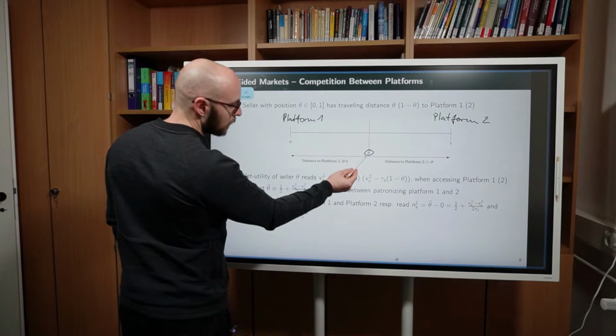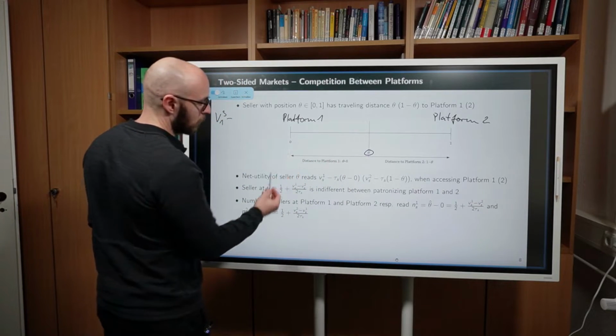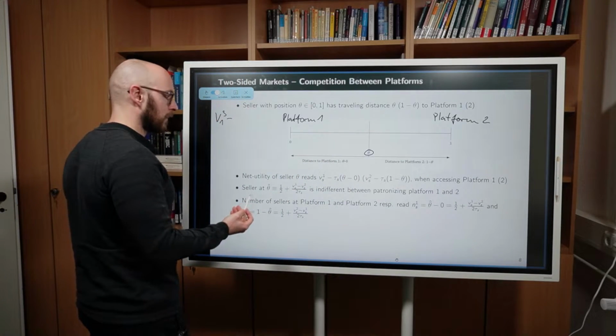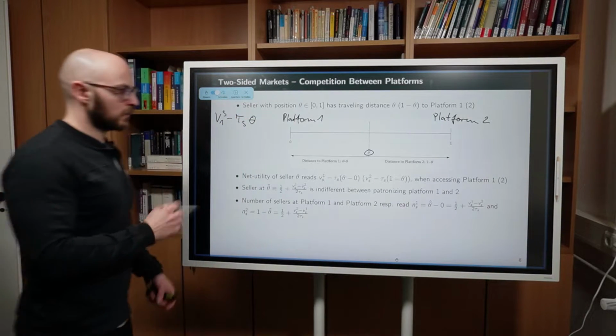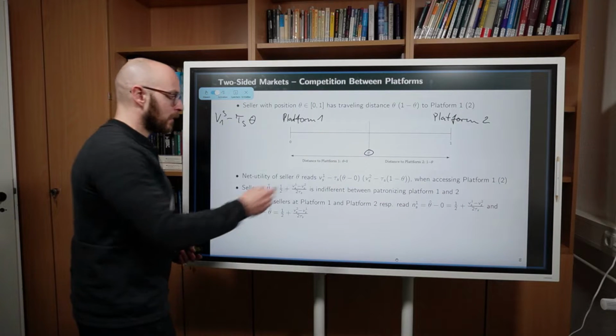And that's the distance between its location and 0. 0 is where the Xbox is located, so that's basically theta minus 0 times tau S.